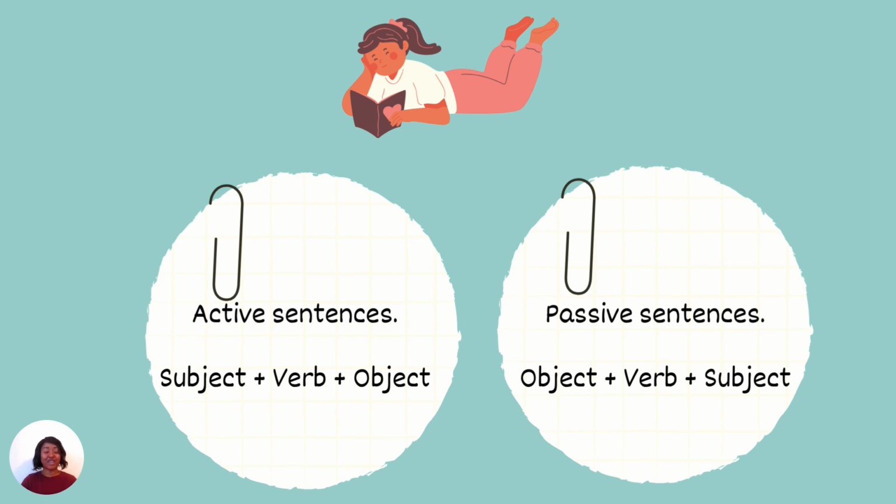Okay, so what have we learned today? We have learned the simple active voice sentences and passive voice sentences. An active voice contains subject, verb, object, and a passive sentence switches the subject and the object to become object, verb, subject.